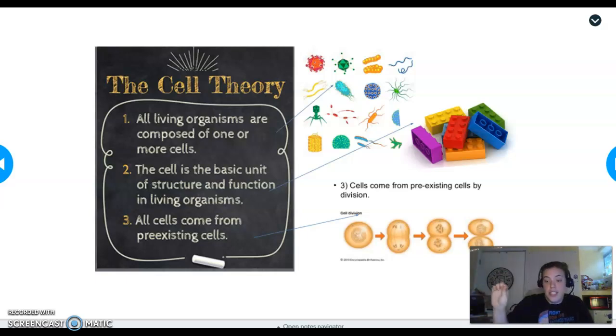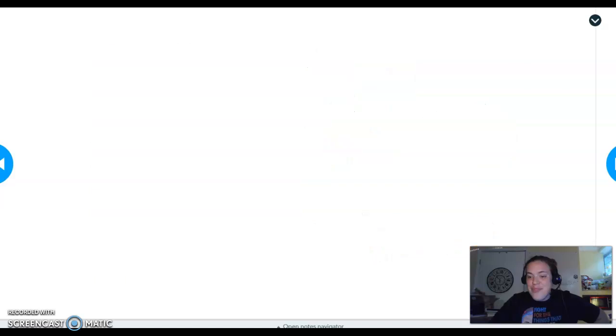Another cell has to remake itself, and we're going to talk about that in mitosis and meiosis. Think about it as your grandparents had to have your parents, who had to have you. It had to come from something that was already here. You did not just spontaneously appear. That would be so cool, but you didn't. You were made from something else. So think about it as a family tree of cells.